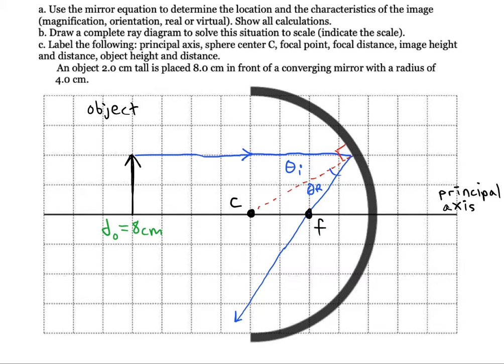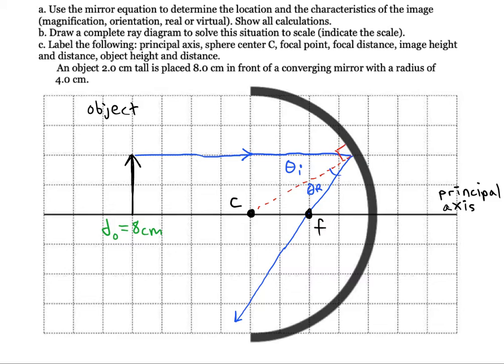In this case, the object is not that small compared to the radius of the mirror. And if it was a little bit smaller, we would get an even better image. Here we'll get some significant aberration, some blurring perhaps of the image. All right, but anyway, we'll have the ray come through the focal point.